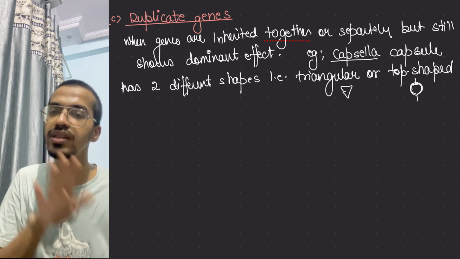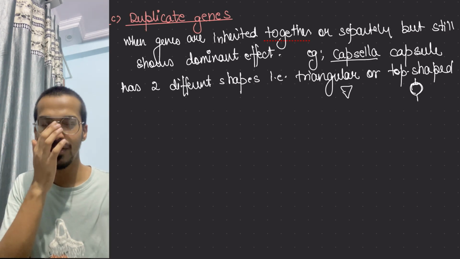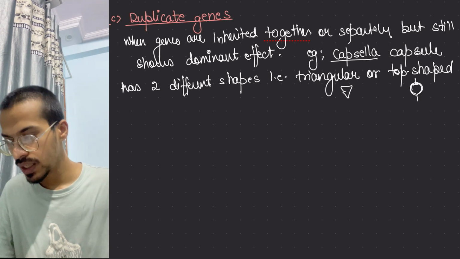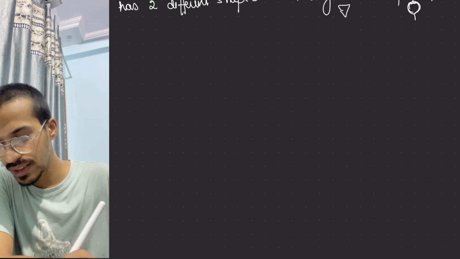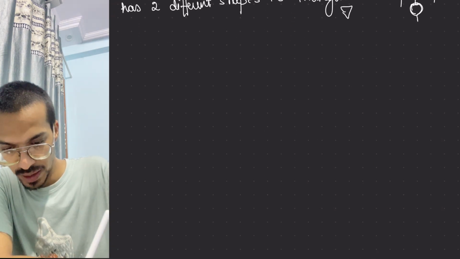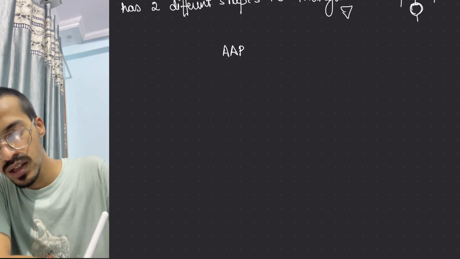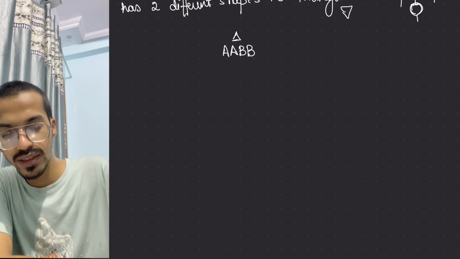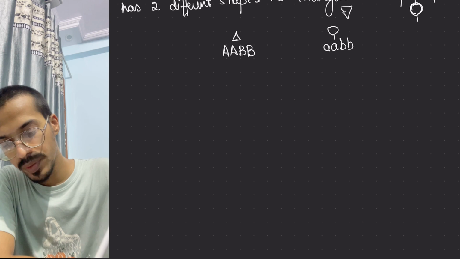Now triangular is dominant over top shape. So top shape will only come when the recessive trait is there, because two genes are already working on it. Let's see that two genes are working on its formation. The capital ones give a triangular shape, whereas the recessive trait gives top shape. Now what would be the gametes?